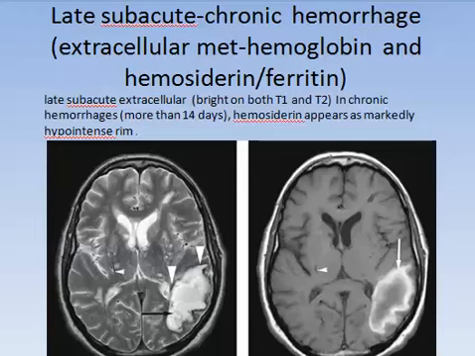The periphery here is showing a hemosiderin rim, and as we said, late subacute means bright in both T1 and T2, and this is the margin of the region. Bright in T1, bright in T2 with a hemosiderin rim. So bright in both is late subacute.